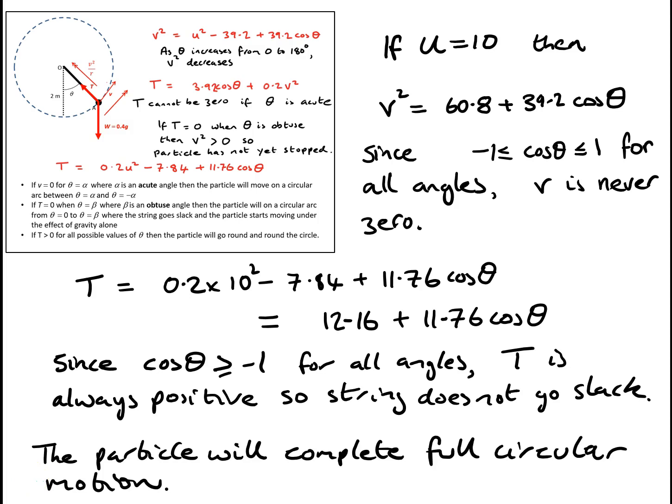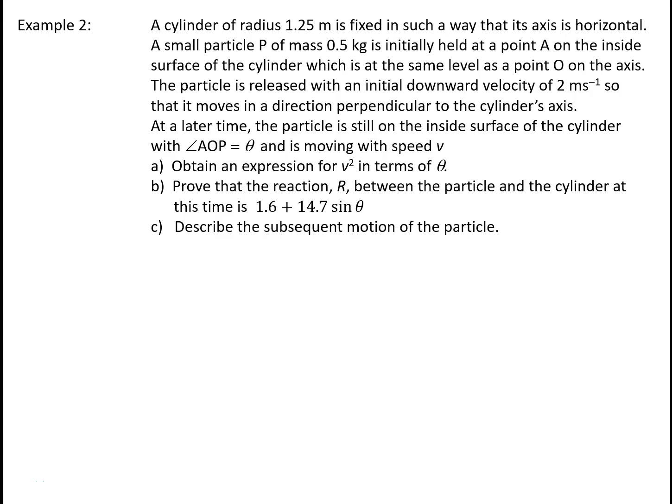Now at this stage we'll move on to our final example, in which we have a cylinder of radius 1.25 meters, fixed in such a way that its axis is horizontal. We have a small particle P of mass 0.5 kilograms initially held at a point A on the inside surface of the cylinder, which is at the same level as a point O on the axis.